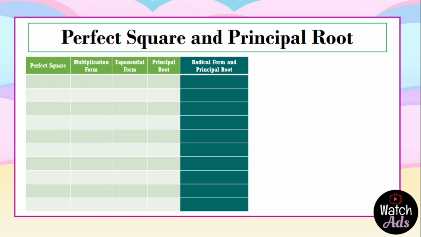Let's have the smallest perfect square that we can make. That is 1 square. Each side of this square measures 1 unit. 1 is a perfect square.